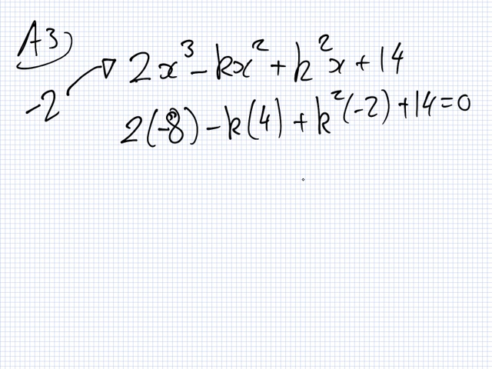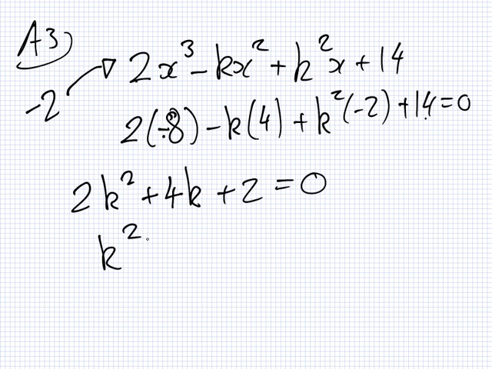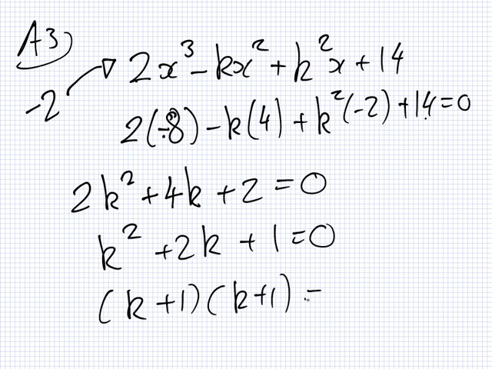That's right, isn't it? Take everything to the right. 2k squared plus 4k minus 16 plus 14 is minus 2. To the right is plus 2. k squared plus 2k plus 1 equals 0. So that's k plus 1, k plus 1. k must equal minus 1.